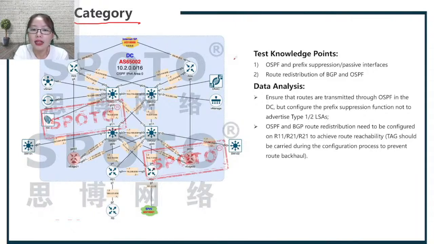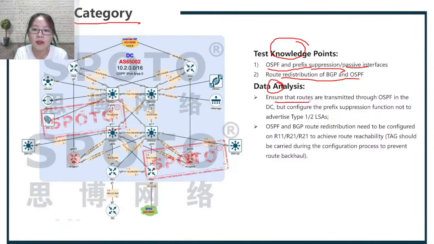Here are the points of the exam. First, you need to master OSPF, prefix suppression, passive interface, and route redistribution of BGP and OSPF. At the same time, we also share the data analysis with you.